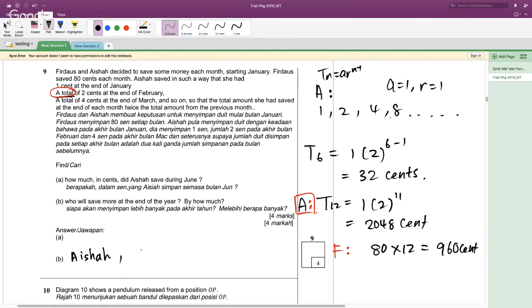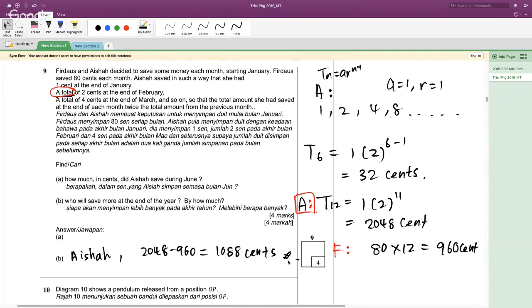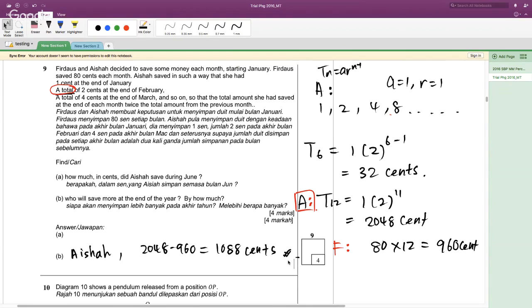So I will use 2048 minus 960. Then I should get 1088 cents. So you can say by 1088 cents. All right, this is how we do this question. If you understand, then I will move on to the next one.